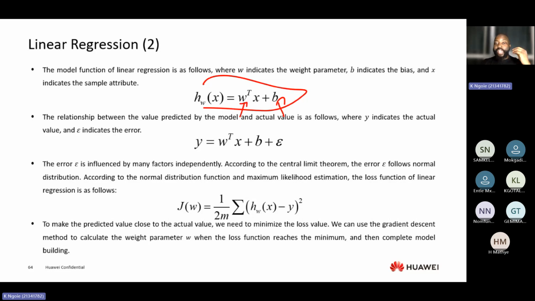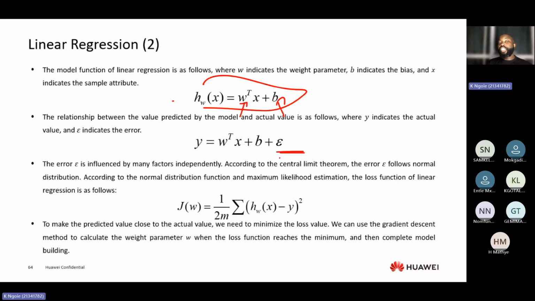So now, in linear regression, here we're dealing with samples, where X represents the sample. So we have the first sample where we're going to get the equation. We have the second sample, and so on until we get the values there. Now, normally there's going to be an error.